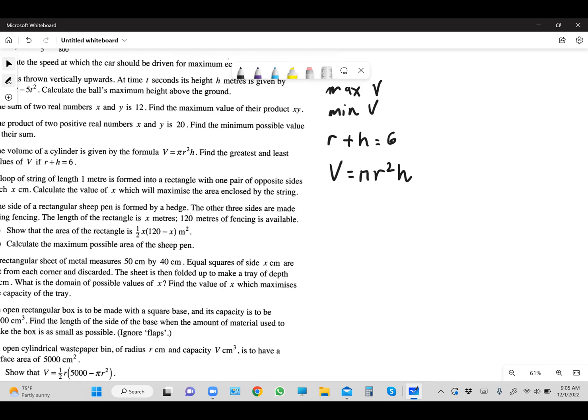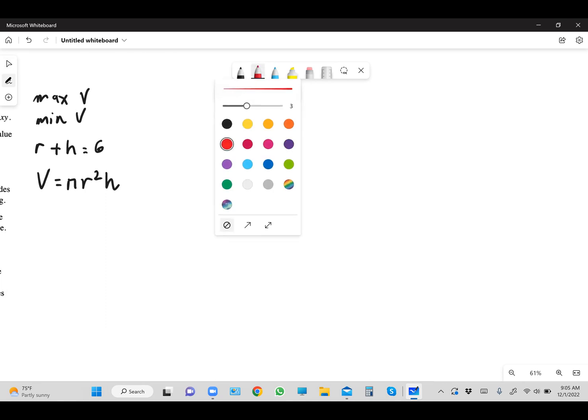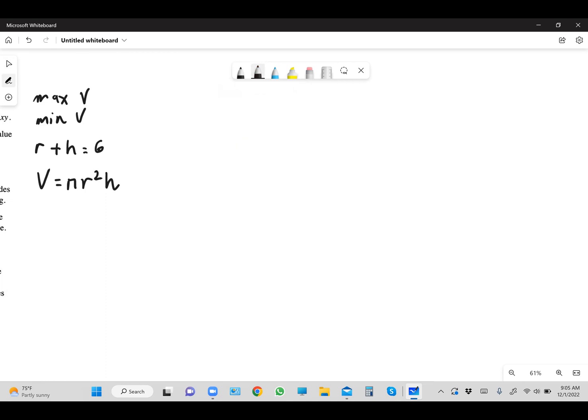All right, no problem. So we've got to get the derivative, but we've got two variables here. And so I guess we can begin by saying that r equals 6 minus h.